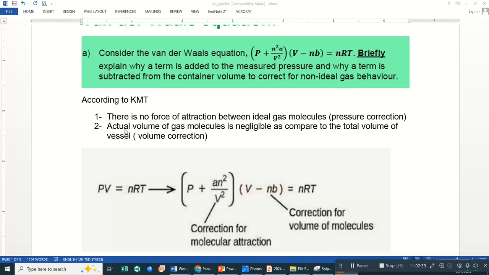The second faulty postulate of the kinetic molecular theory is that the actual volume of gas molecules is negligible compared to the total volume of the vessel. That is known as volume correction.